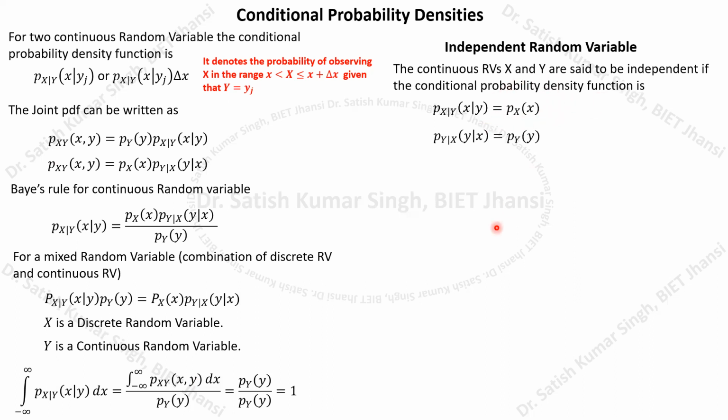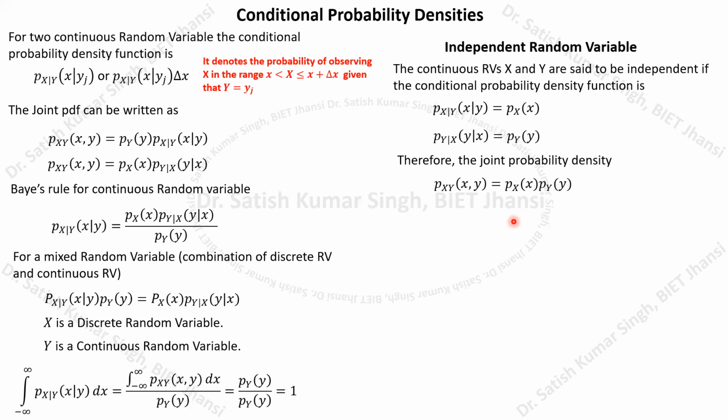So for all independent continuous random variables, the joint probability density function, which we defined in terms of conditional probability, will give you p x times p y. Therefore it will be the multiplication of the individual probability density functions, right? This way we get the joint probability density function for independent random variables.